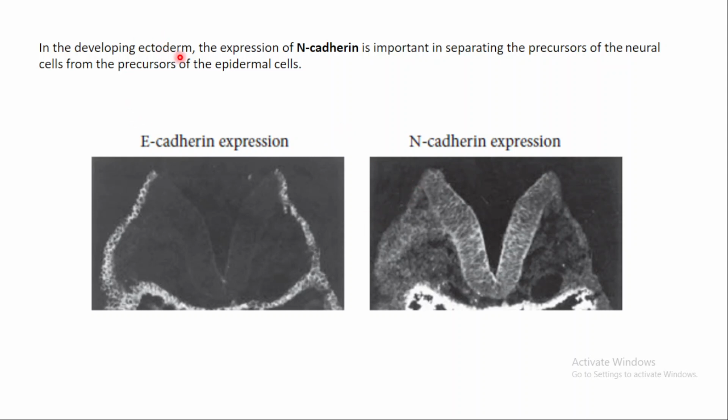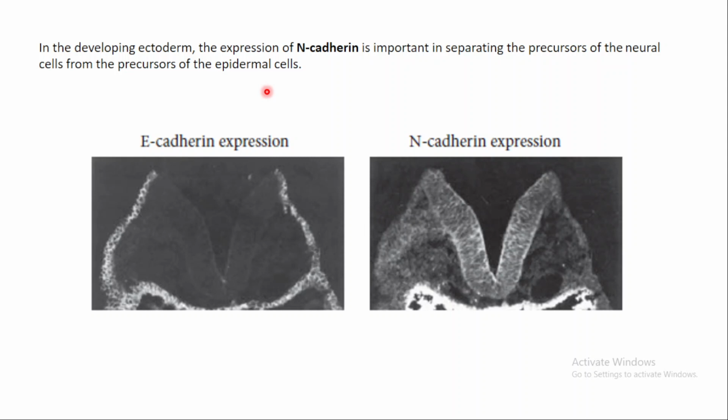In the developing ectoderm, the expression of N-cadherin is important in separating precursors of neural cells from the precursors of epidermal cells. So if you know this fact, that all the neural structures arise from the ectoderm itself, the ectoderm is basically expressing E-cadherin.